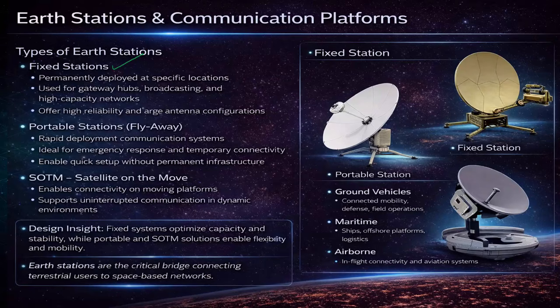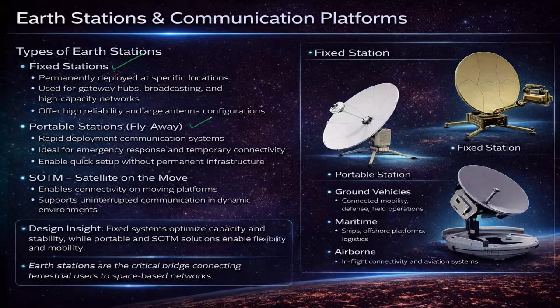Then we have the portable station or flyaway. Portable stations are designed for quick deployment, for example in disaster recovery, emergency response, and temporary communication systems. They provide flexibility when it's difficult to install permanent infrastructure, or when permanent infrastructure is not available.